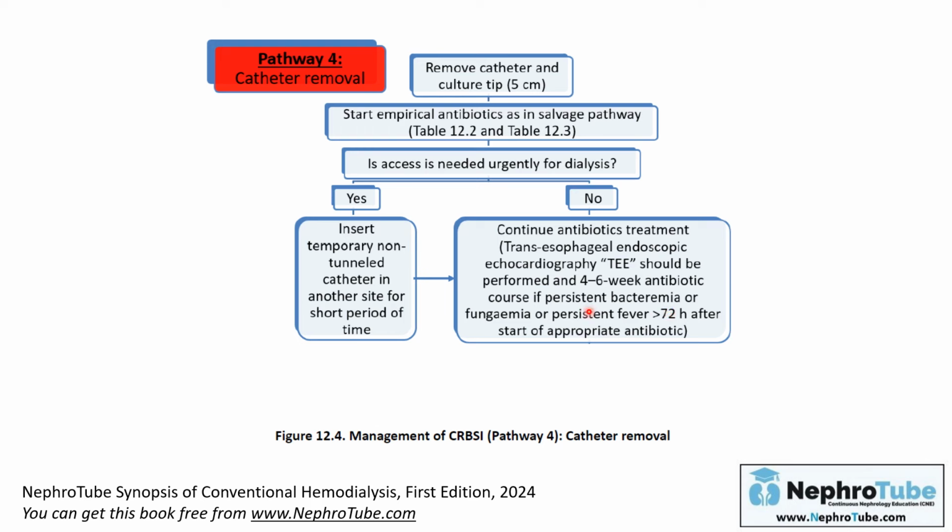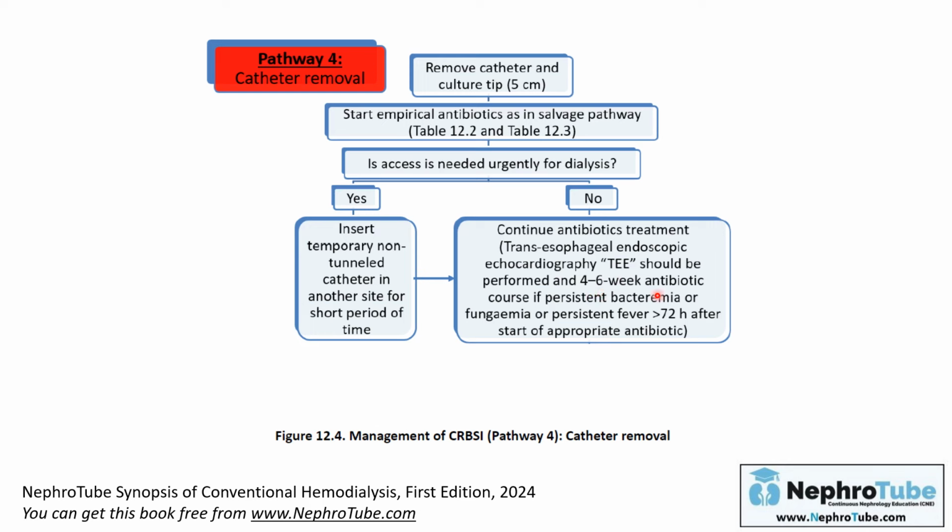And if there is persistent bacteremia after 72 hours, or fungemia, and persistent fever after appropriate antibiotics, you have to do transesophageal echo for this patient, and start and continue antibiotics for 4 to 6 weeks.